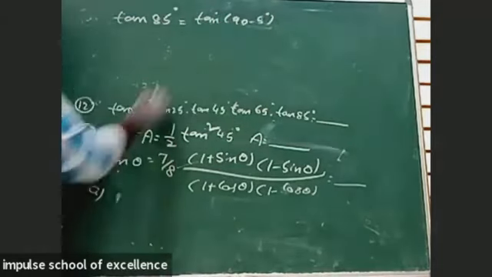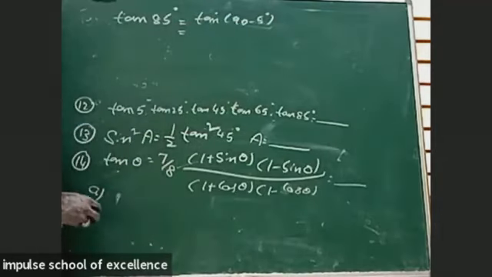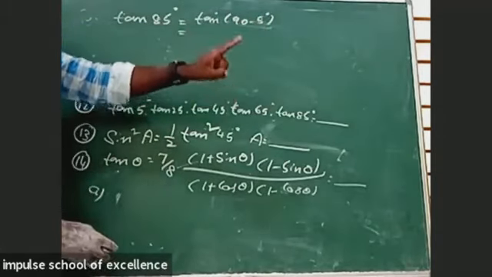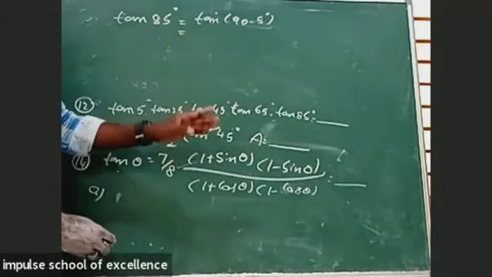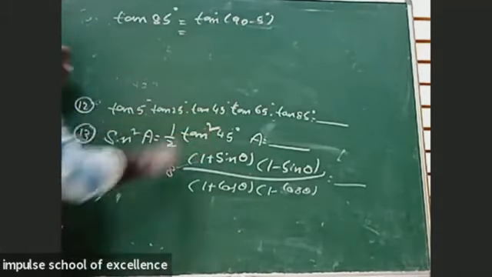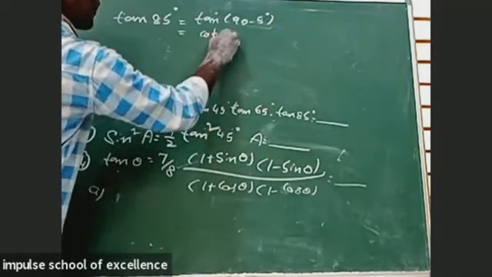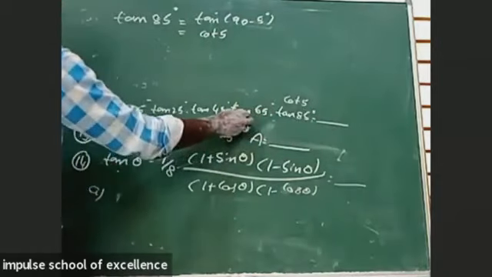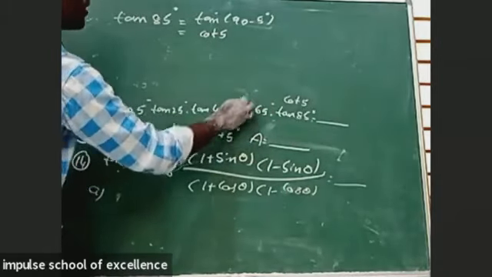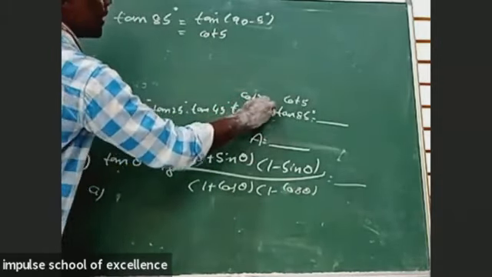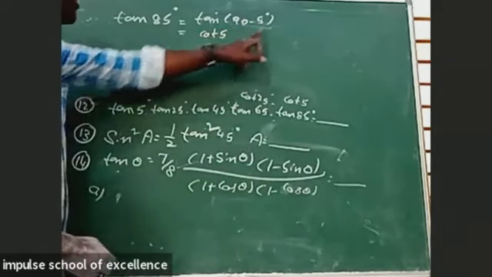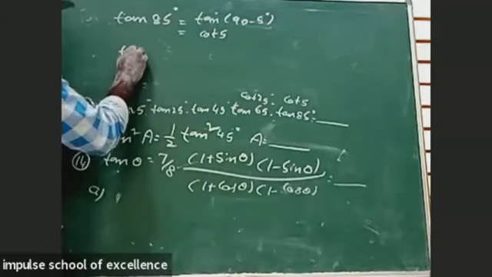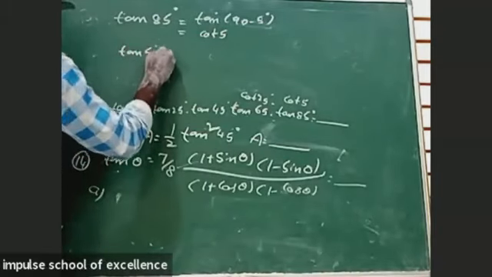Tan of 90 minus theta is in the first quadrant, where all trigonometric ratios are positive, so it becomes cot 5. Similarly, it becomes cot 25, since 90 minus 25 is 65 degrees.